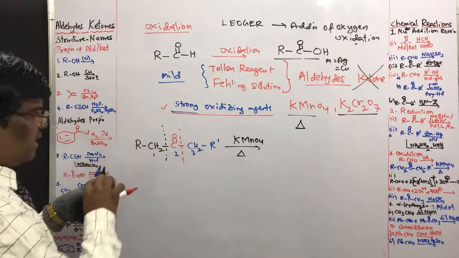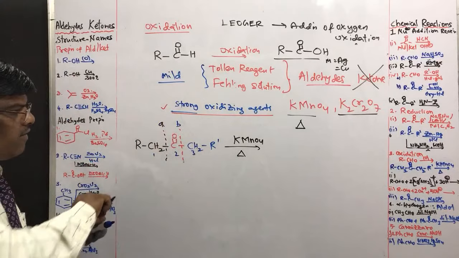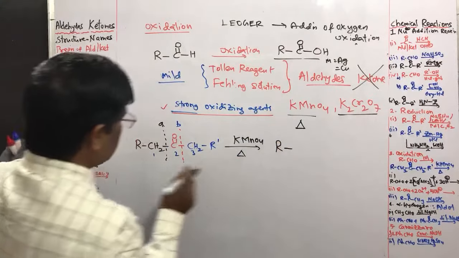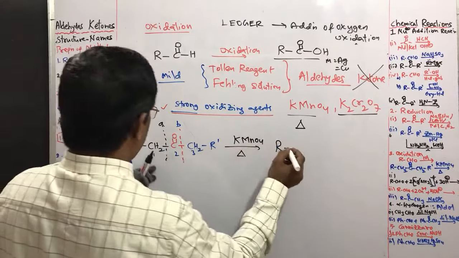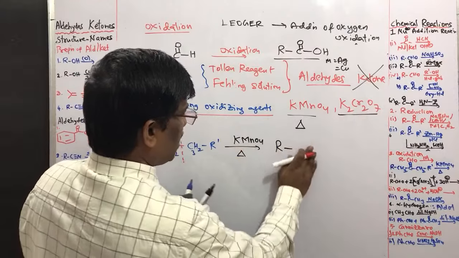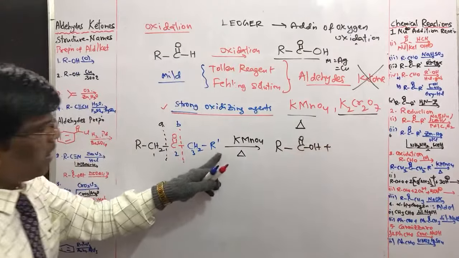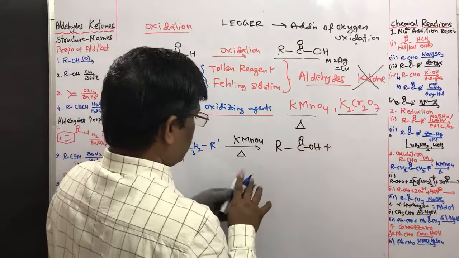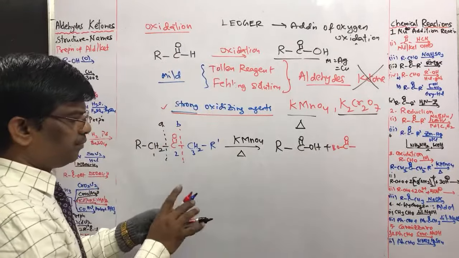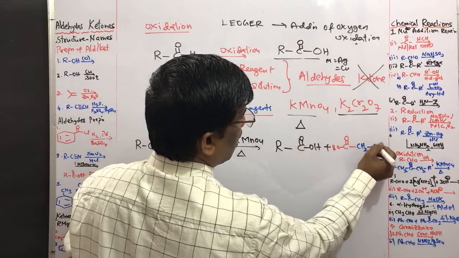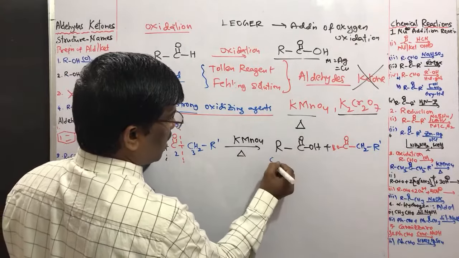Let us write one by one, compounds A and B. Here the CH2 is going to be an acid, and the remaining part, from that side, is also an acid, CH2R'. So this is the breakage of C1 and C2.